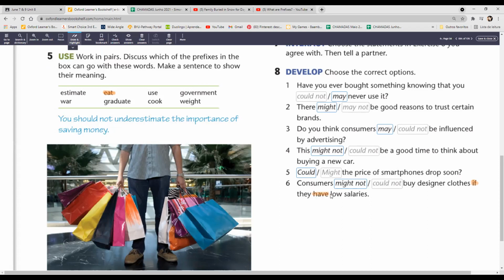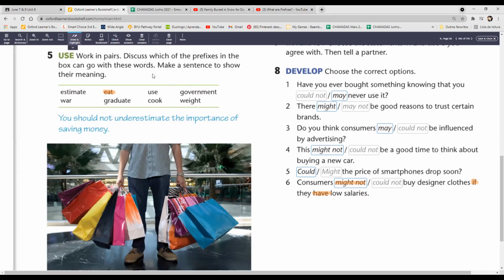If they have low salaries, consumers might not buy designer clothes. So that's the best complement for a first conditional sentence. Of course, I could substitute that for will, simple future. So if they have low salaries, consumers will not buy designer clothes. Result, cause and effect, okay? So that's why here the best option is might not.